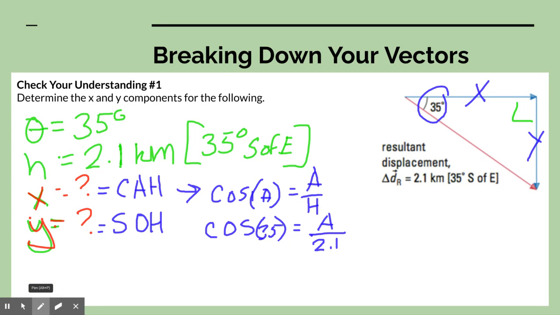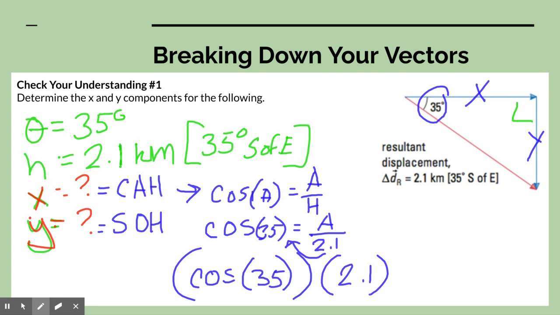We multiply both sides, so cosine 35 times 2.1 is equal to adjacent, which is the same thing as our x. If we plug this in, it looks like we get 1.7 kilometers. So x over here is going to be 1.7 kilometers.